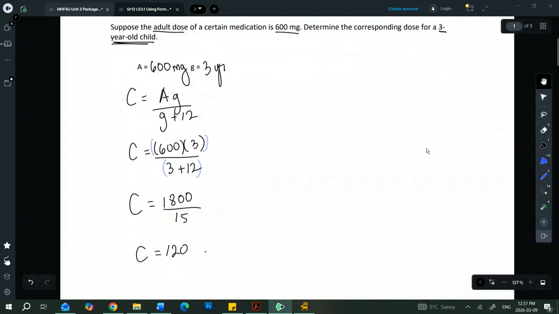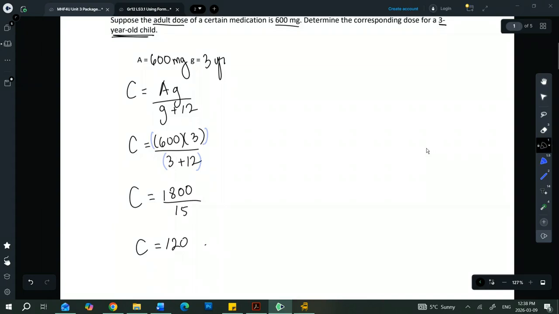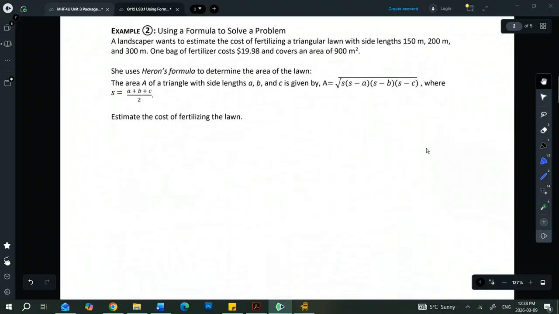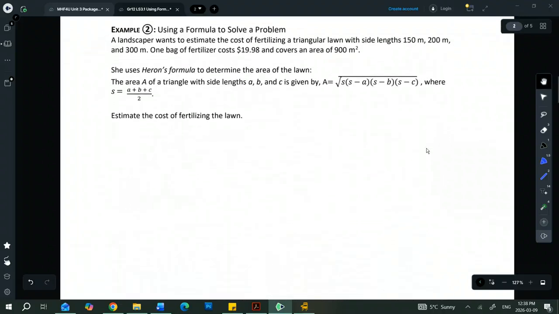In what unit? Okay. So then we'll get 120 milligrams. So the child's dose is 120 milligrams. You would always give me a therefore final statement for these ones as well. So far, so good? All right.